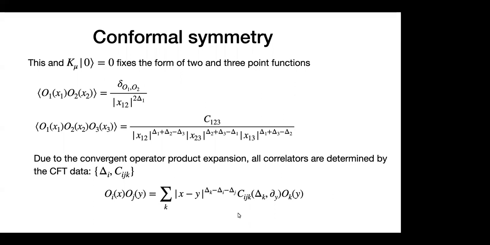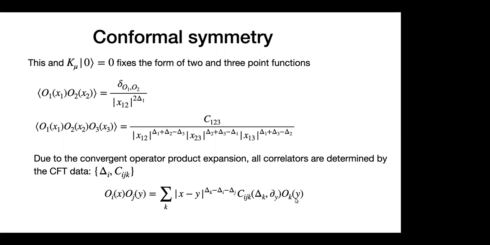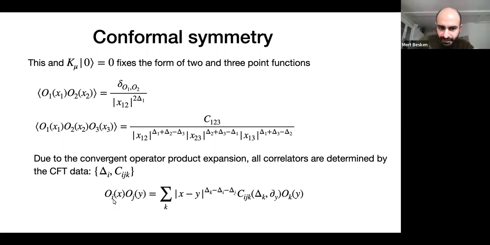So we're basically defining a CFT as a set of operators. Each has a dimension, and all of those operators will appear on the right hand side in principle, for any two starting points of your OPE. I understand. Thank you.